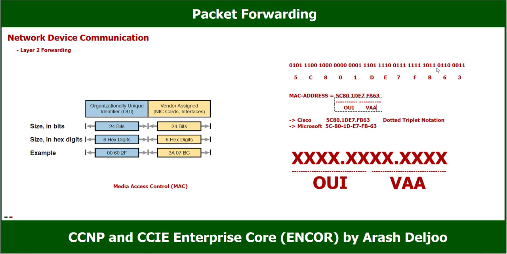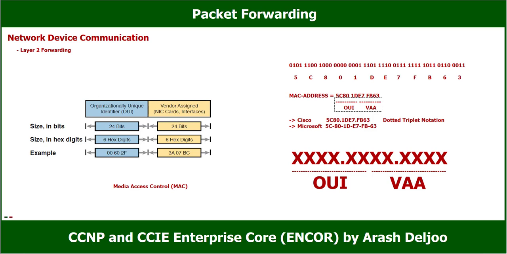So easy. You know that each vendor should buy at least one OUI from IEEE, and this is a unique OUI for this vendor. For example, in Cisco, maybe one of the OUIs is this OUI, and also in other brands maybe we have other OUIs.